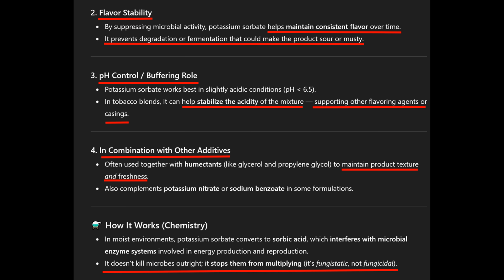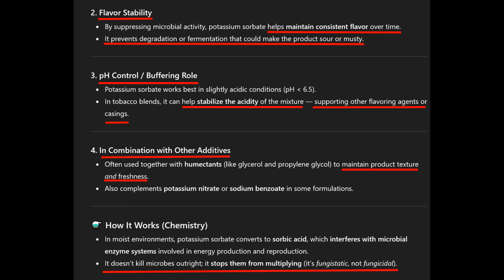Let's go further. Flavor stability: it helps maintain consistent flavor over time. It prevents degradation or fermentation that could make the product sour or musty. Third, pH control, a buffering role: it helps stabilize the acidity of the mixture, supporting other flavoring agents or casings.